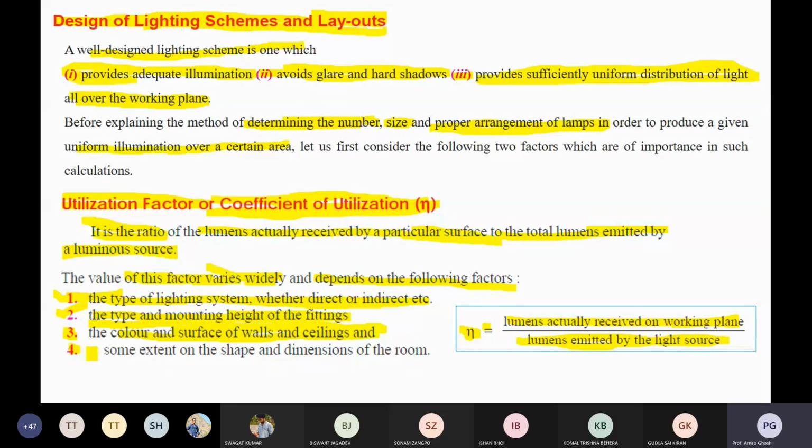That's why the optimum sizing or optimum number of lights is required. How many lights are required, you need to calculate. So here you can understand there are 4 points.